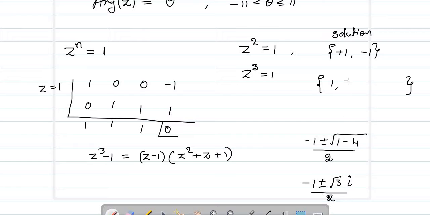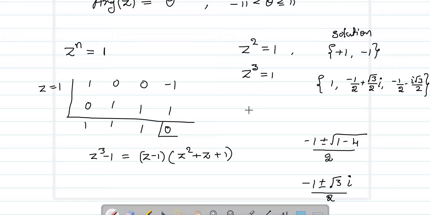Therefore the remaining roots are minus 1 by 2 plus root 3 by 2i, and the other one is minus 1 by 2 minus i root 3 by 2. So these are the remaining roots. Since it is z cube equal to 1, it is easy.